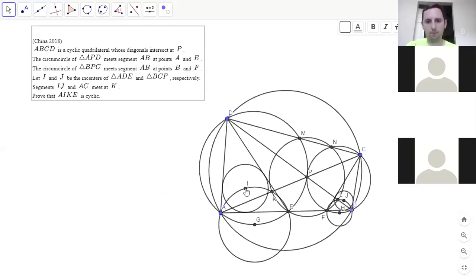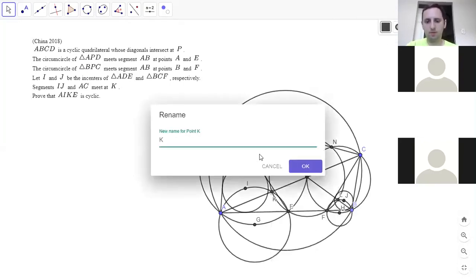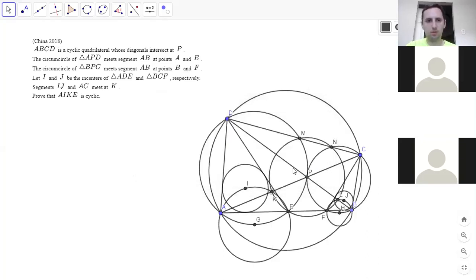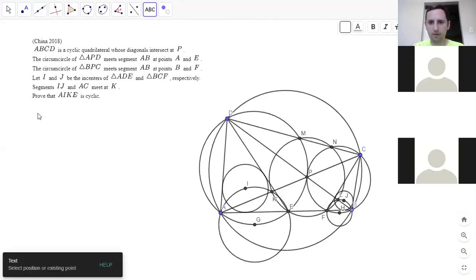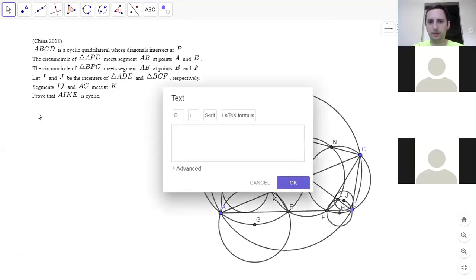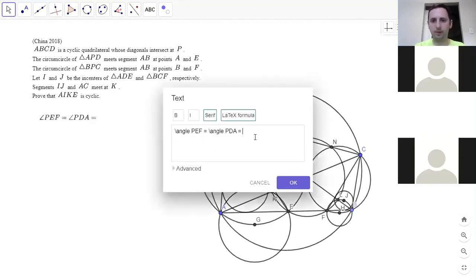So I'll call this K prime. And okay, so first of all, we have angle PEF is equal to angle PDA, which is equal to angle PCB, which is equal to angle PFE.